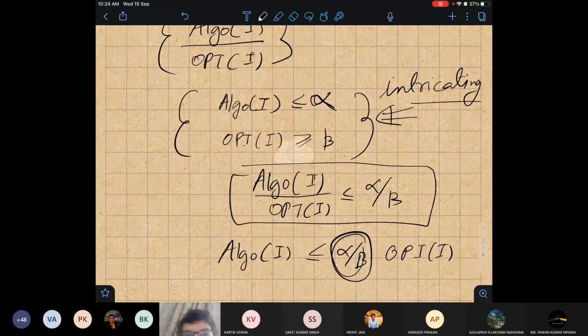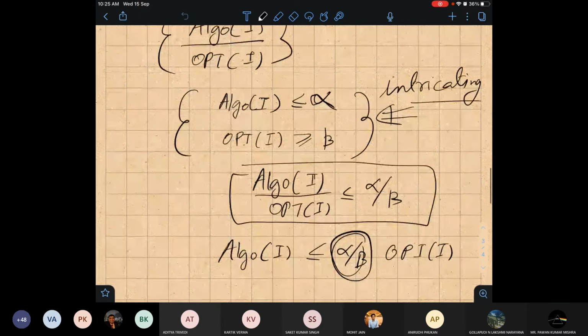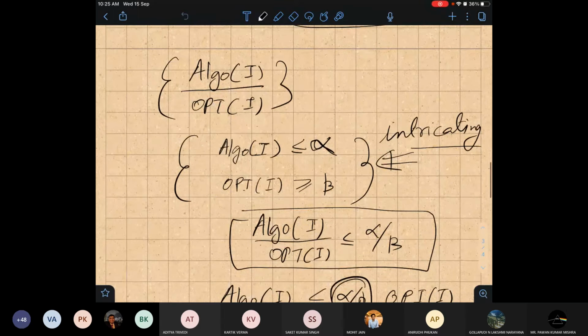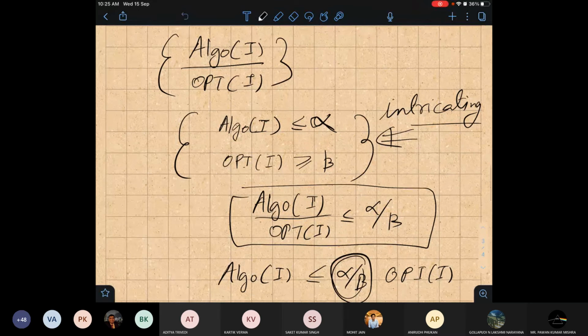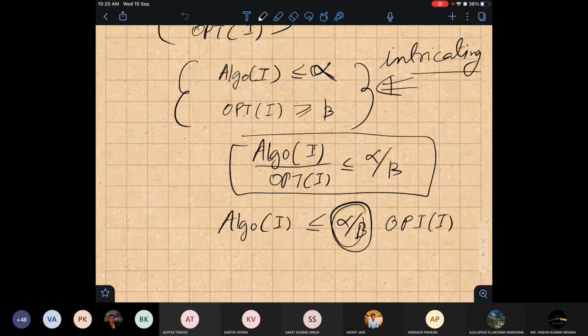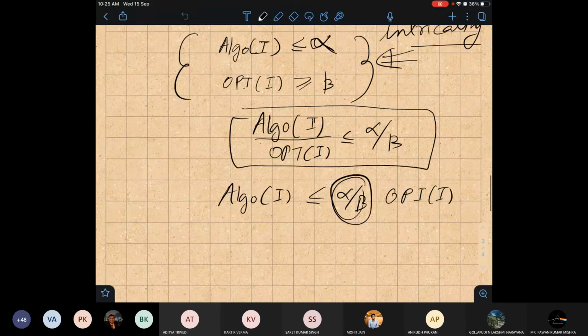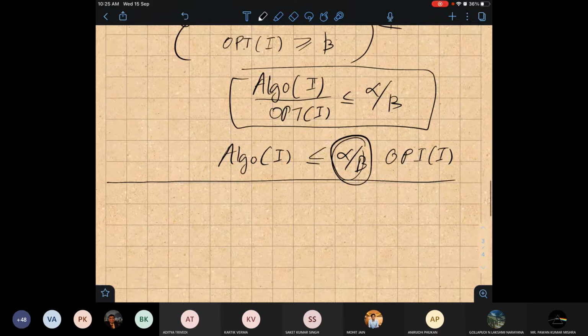True? Is there any doubt for these inequalities? No, sir, no doubt.